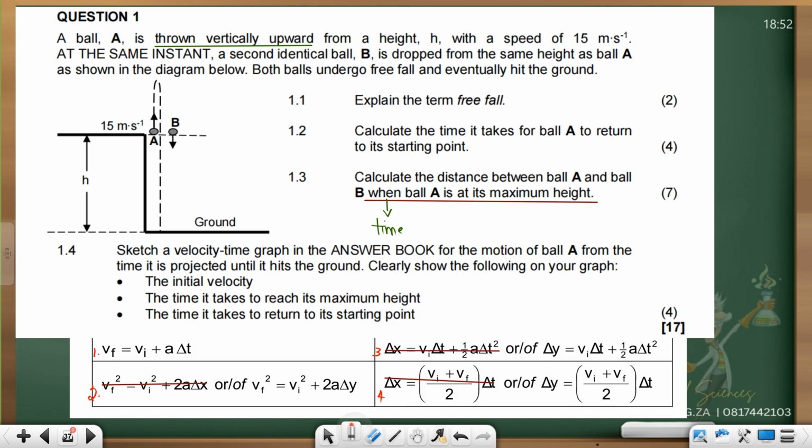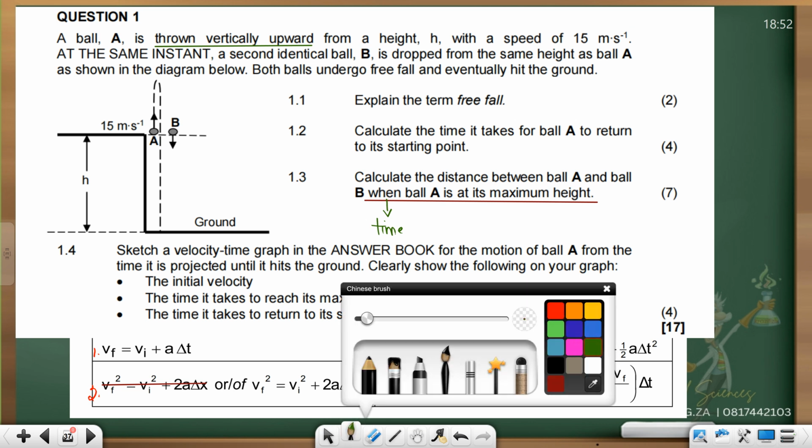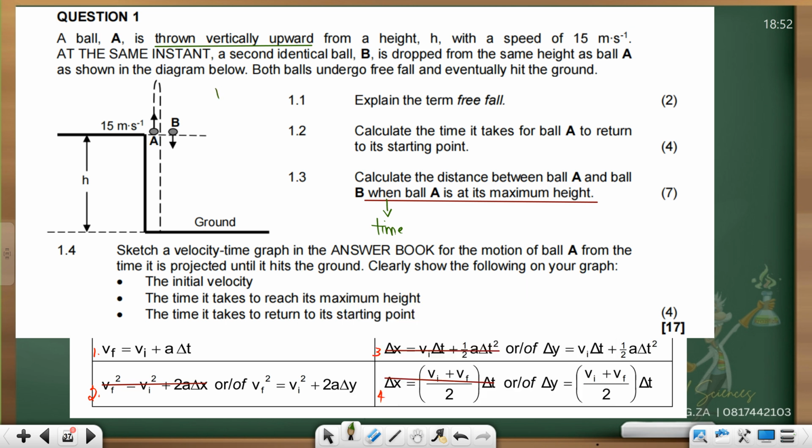Wait, Deruch. I think we're mixing some things up here. You said you used your initial velocity as what? 0. And then for B. Yeah. Okay, for B. And your final velocity? That's negative 15. For what? Negative 15. But we don't know the final velocity of B, by the way.